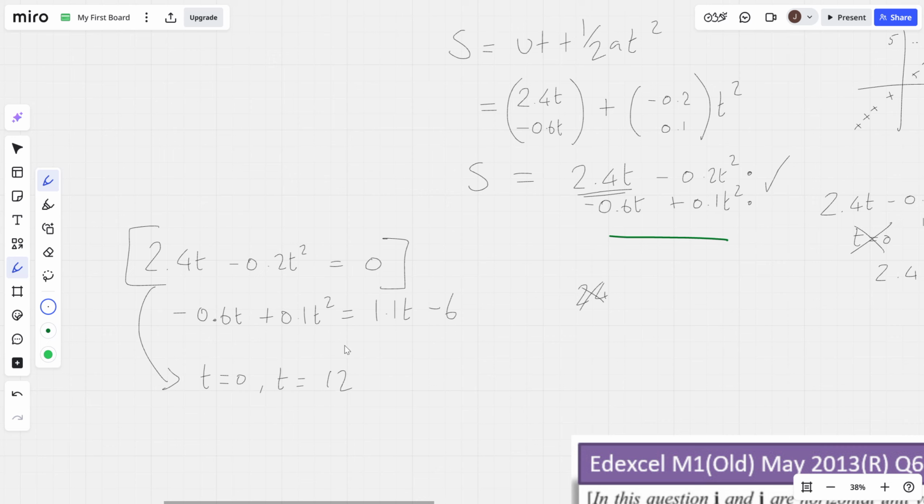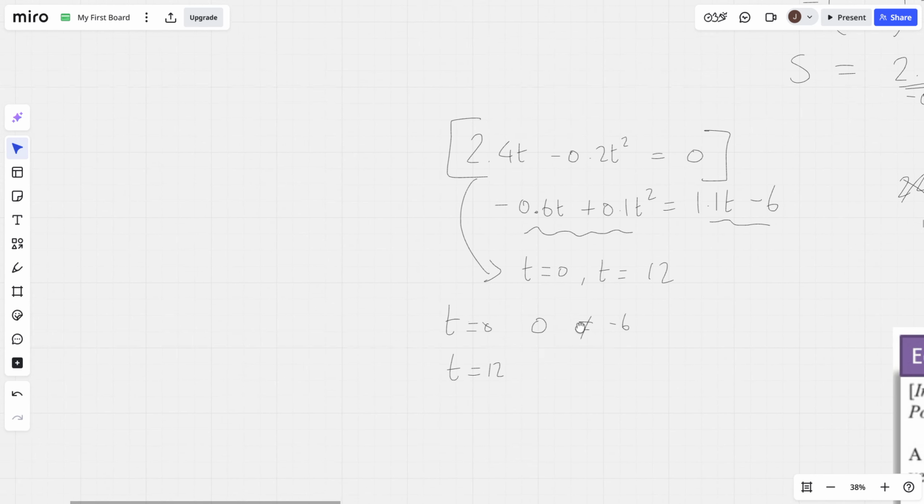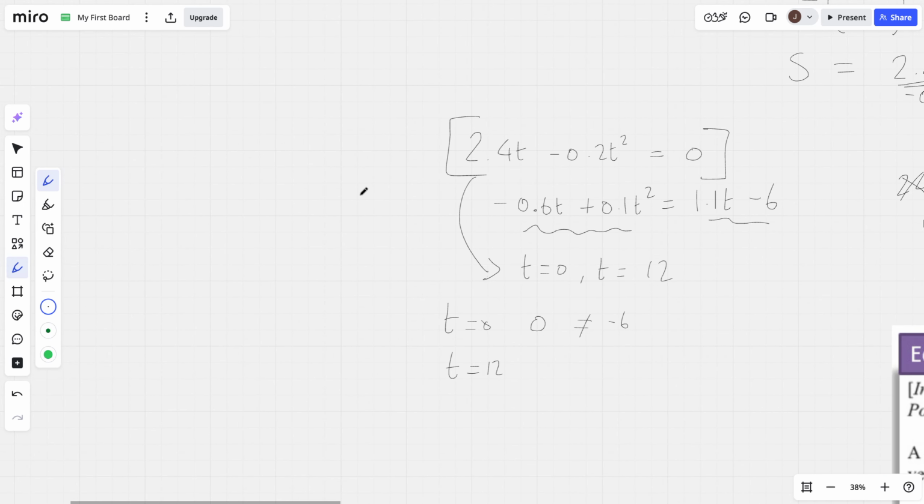But when I use t equals 0, you'll find that this bit here is 0 and this is minus 6. So 0 is not equal to minus 6. So t equals 0 is not the value that we want. So we want to use when t is equal to 12, and we're going to use it with this one here.